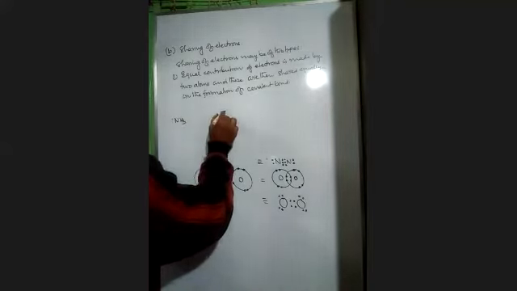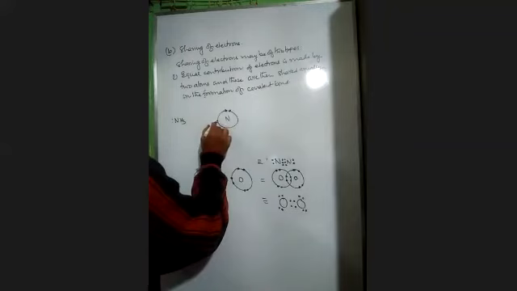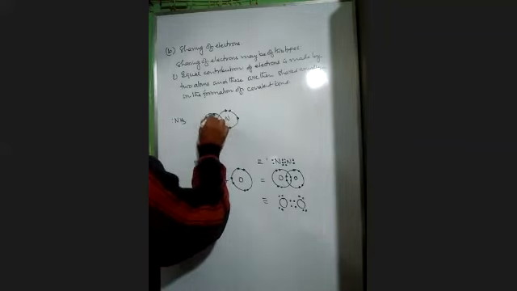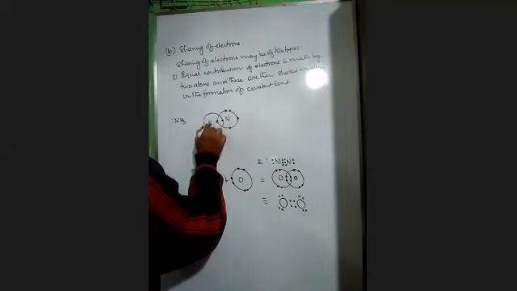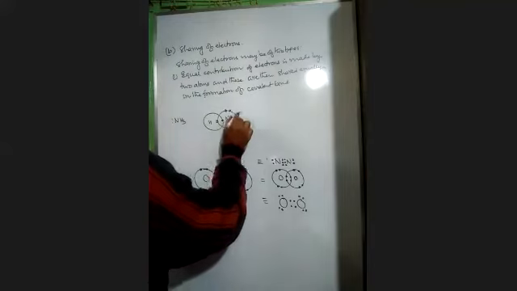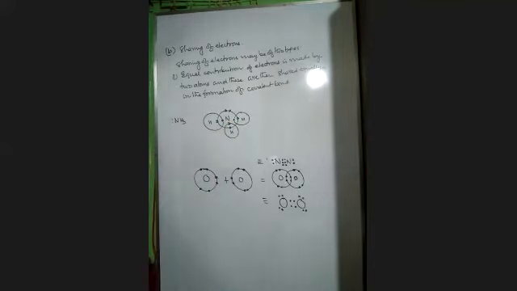So we know this is nitrogen. 1, 2, 3, 4, 5. So this is the structure of ammonia. So all these structures you please do.